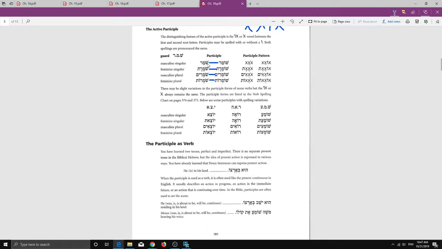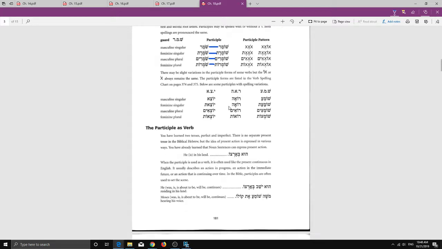Okay, that's what tips you off it's a participle, an active participle. So let's see. Author wants to point out there could be some variations in the spellings, especially the vowels of the forms, except that O class vowel will always remain the same. It will always be there between the first and second root letters.